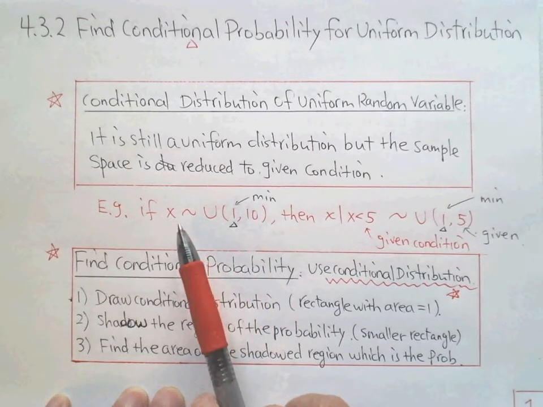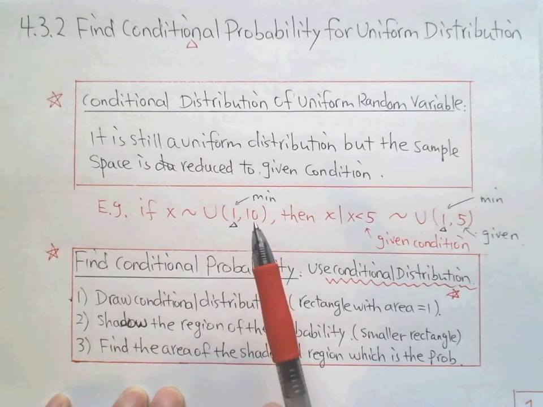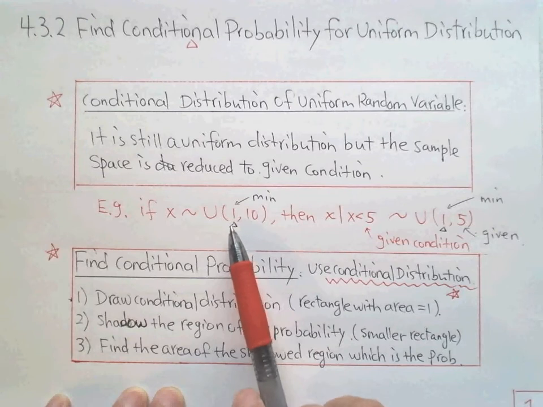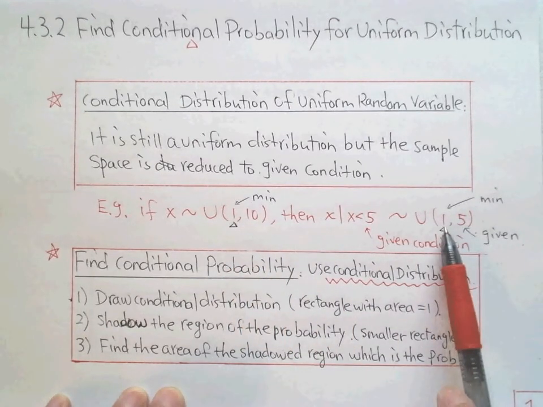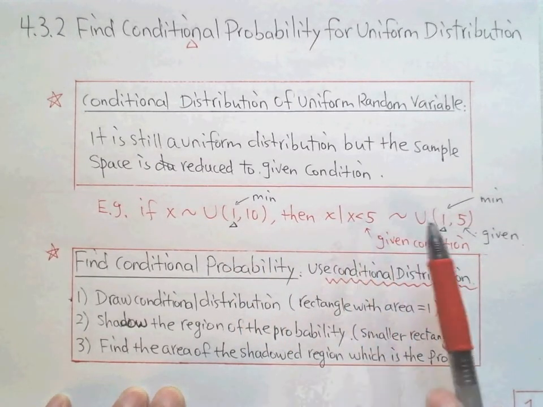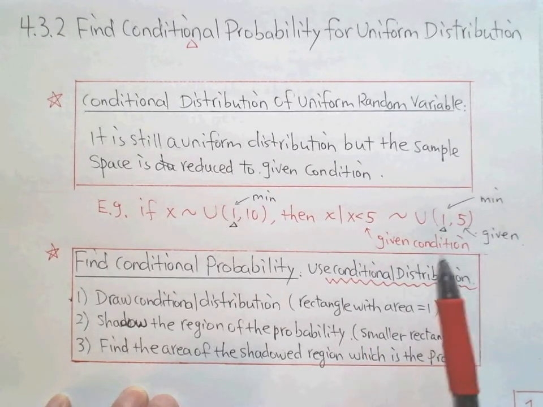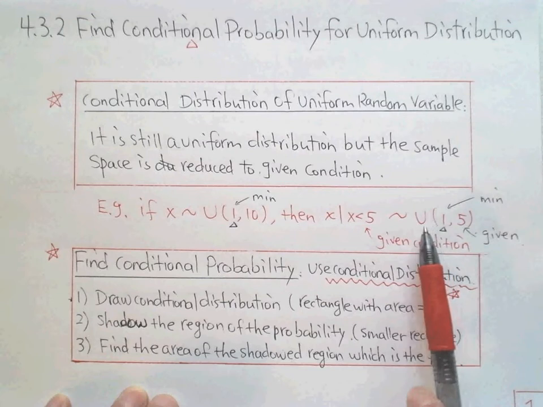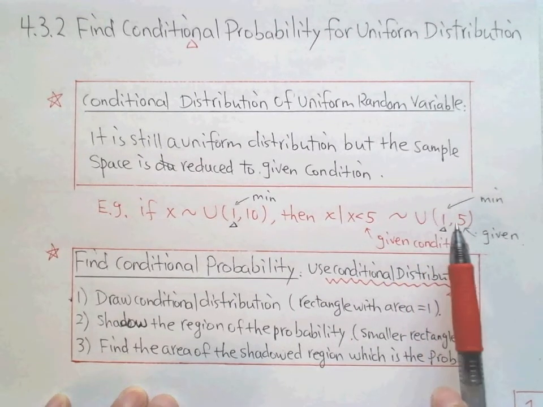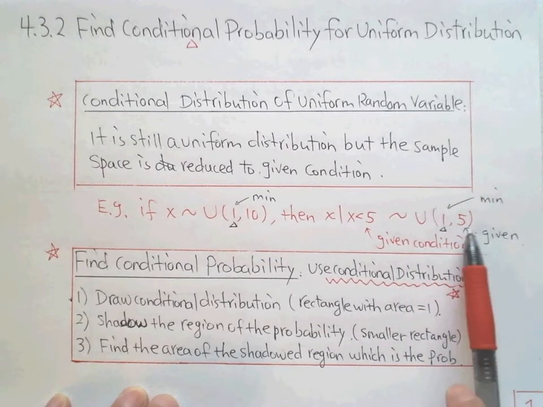The original x, your waiting time, is greater than 1 minute and less than 10 minutes, so 1 is the minimum. Here is one small example. Later I have a few examples to show you how to determine the condition. If we have already determined the conditional distribution, then the probability just uses this conditional probability distribution.